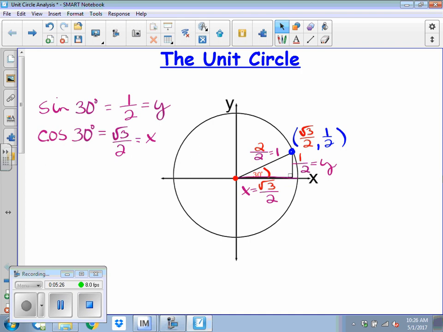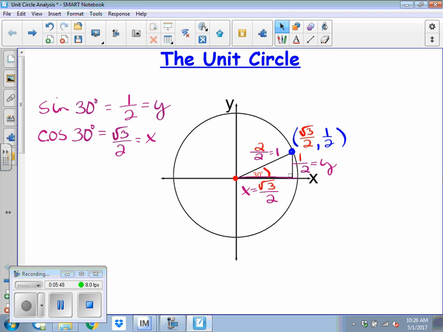If I would go back to that unit circle that I showed you, that's what you would see. The points are right there. And this is the reason why. So what we can say is, if the sine of 30 degrees equals 1/2, and that's the same thing as y, then we can say sine is y.